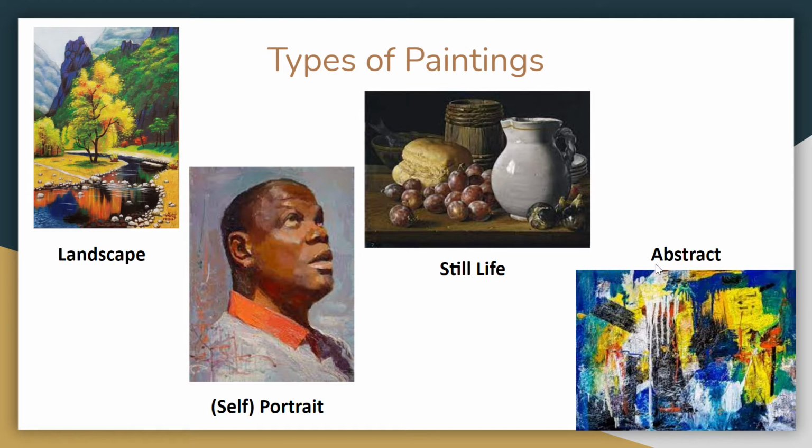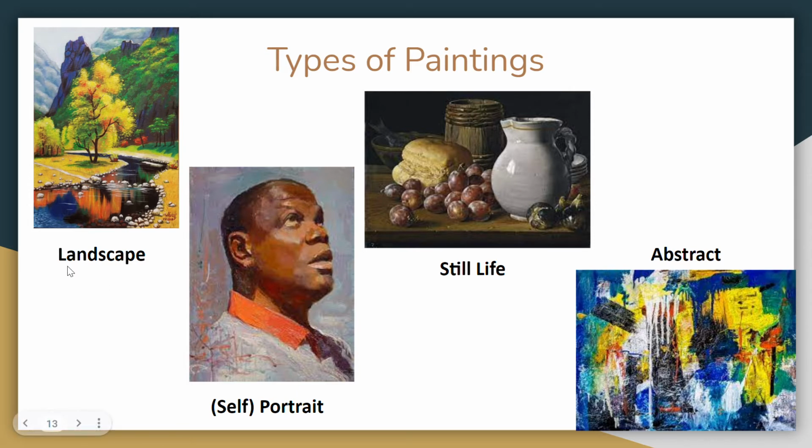So that is abstract. Remember, we have still life, which is just objects, maybe around your house or in school. We have a portrait, which is a painting of a person, and a self-portrait is a painting of yourself.